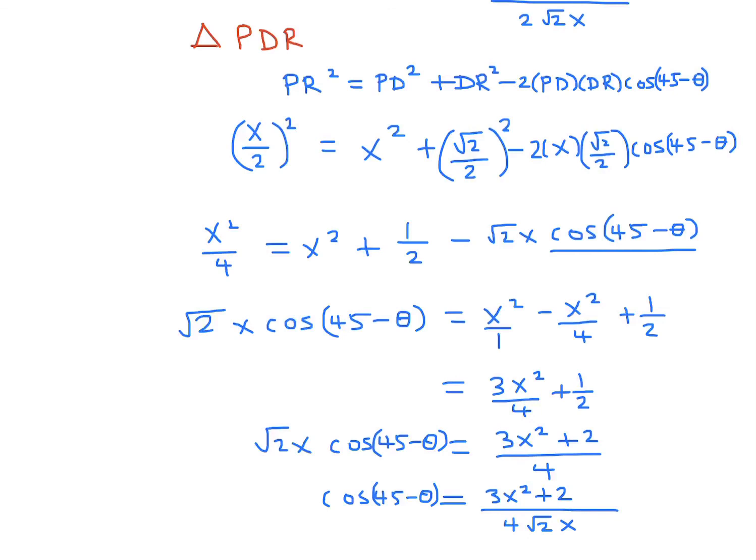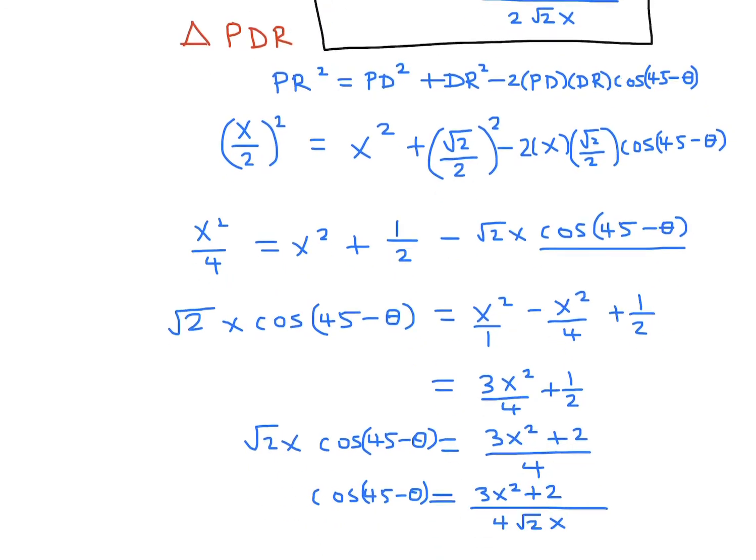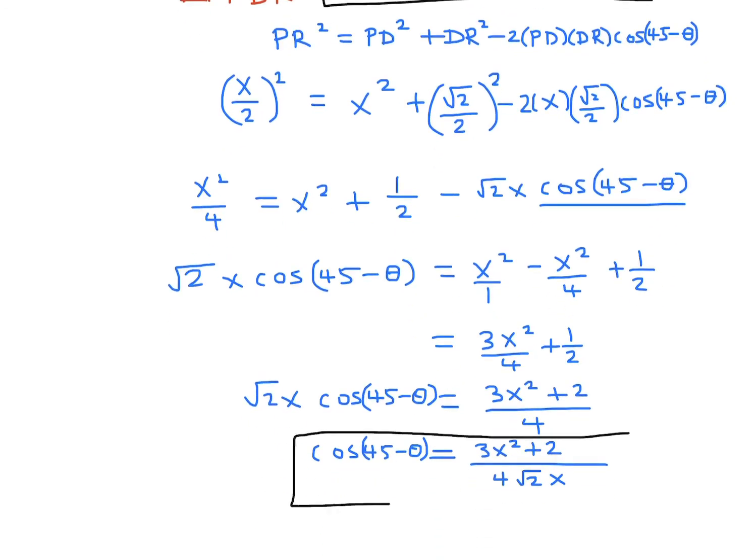All right, so we got another one. So we had this one and this one. So since we have two relationships, we can set them equal to each other.